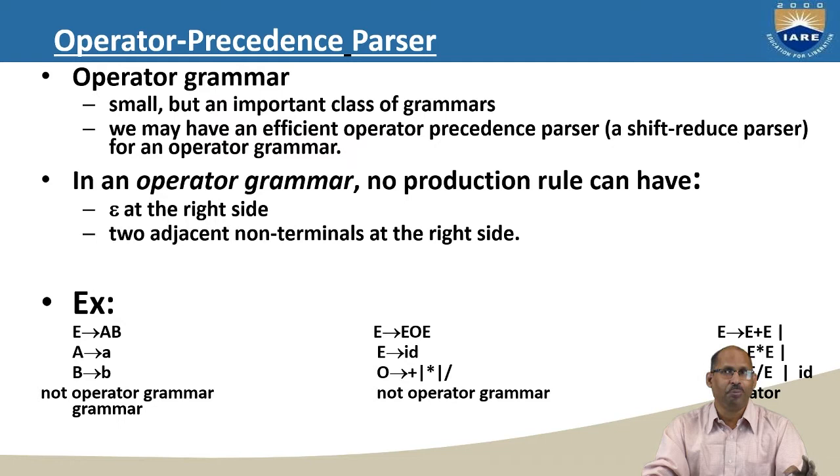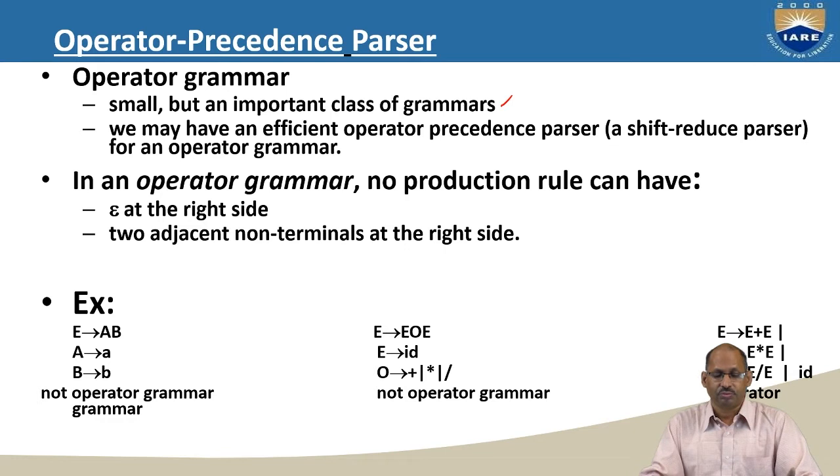There must be an operator between two operands. This is a small but important class of grammars, and we may have an efficient operator precedence parser for it. It uses the shift reduce parsing method for an operator grammar.